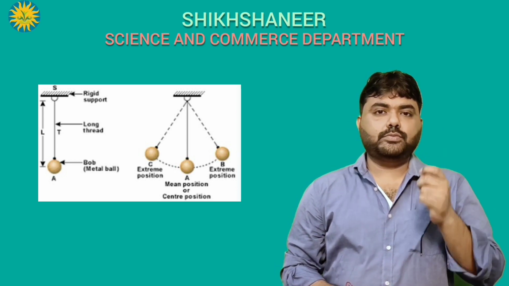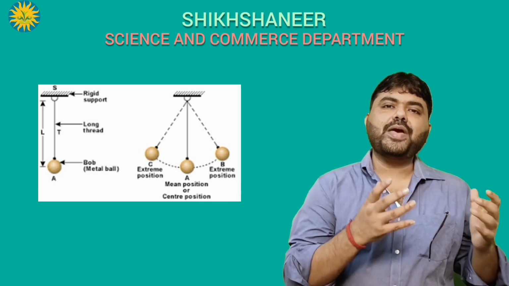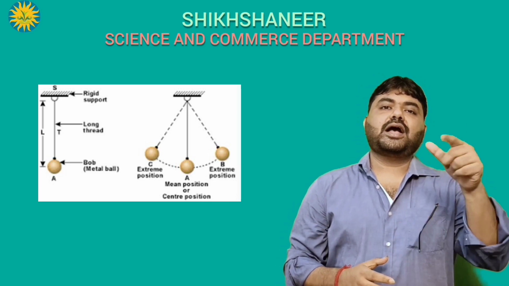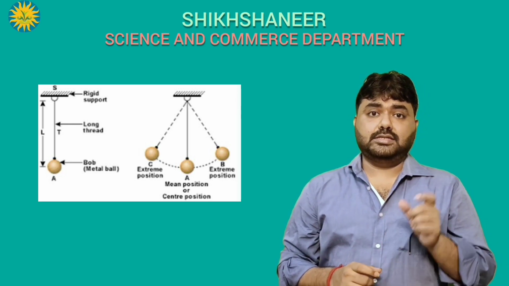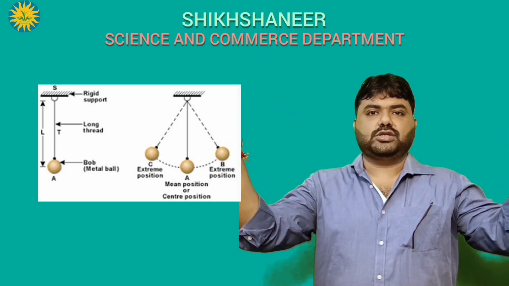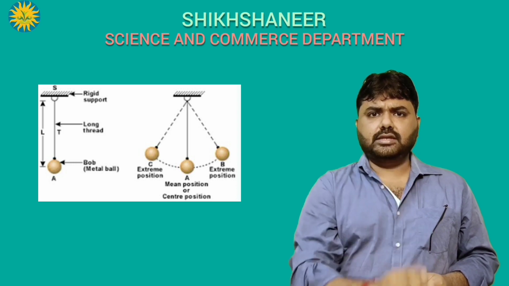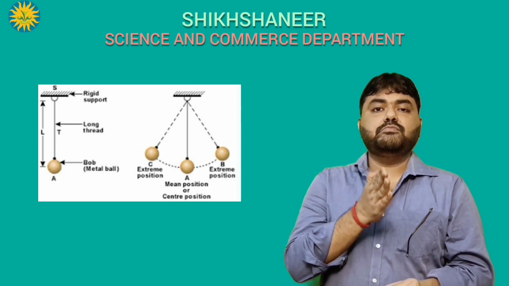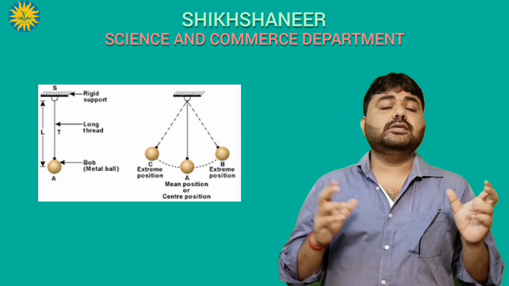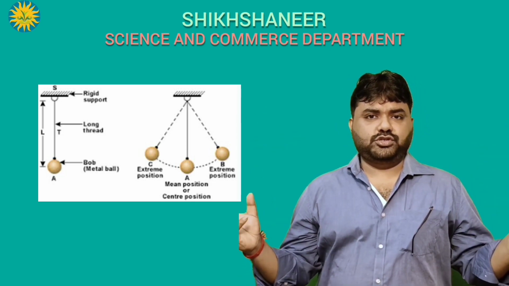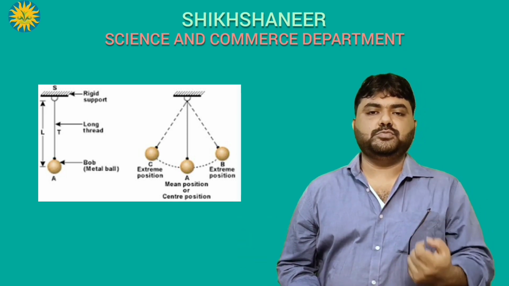At that point, when the object is at rest, the potential energy will be maximum and the kinetic energy will be minimum, and this repeats at both extreme positions. Therefore, we conclude that the kinetic energy is maximum at the mean position, whereas the potential energy is minimum. In both extreme positions, the potential energy is maximum, whereas the kinetic energy is minimum.